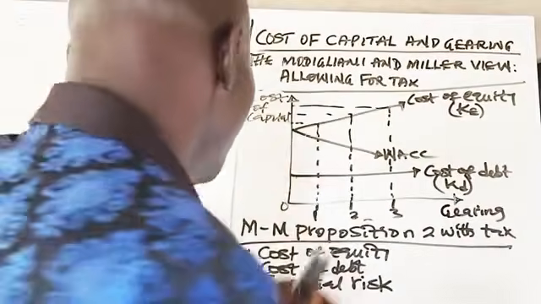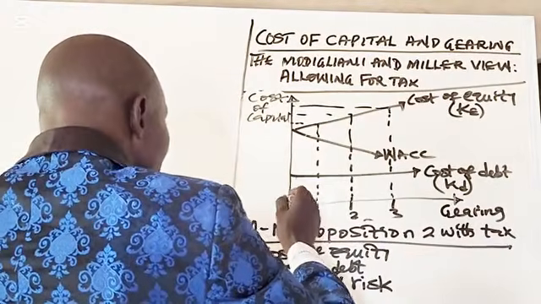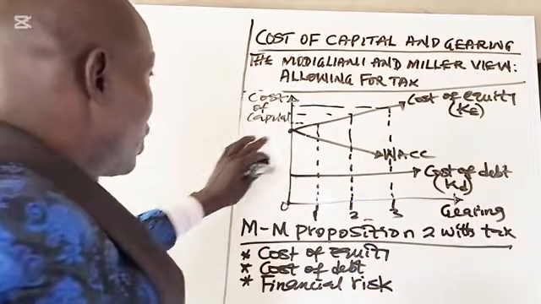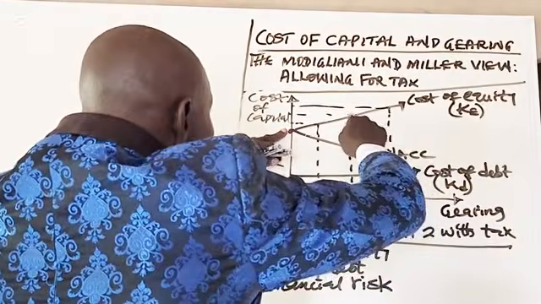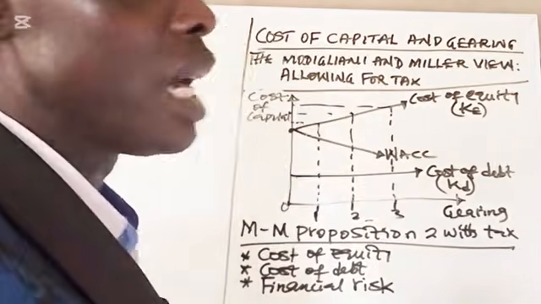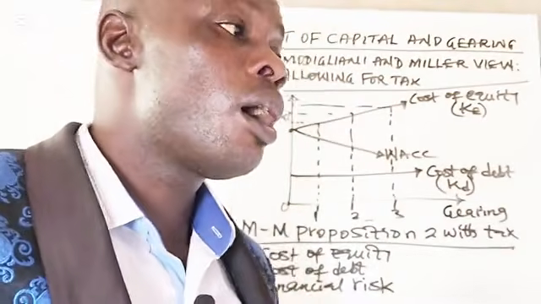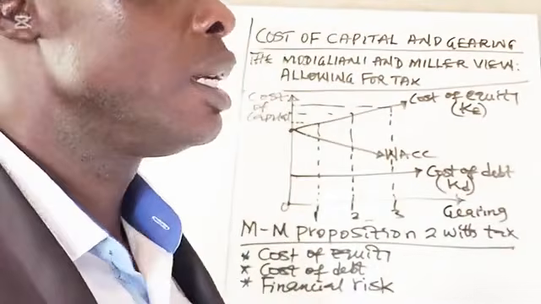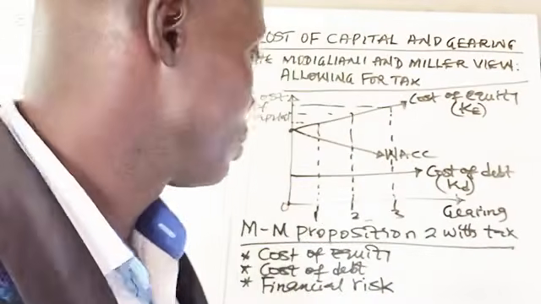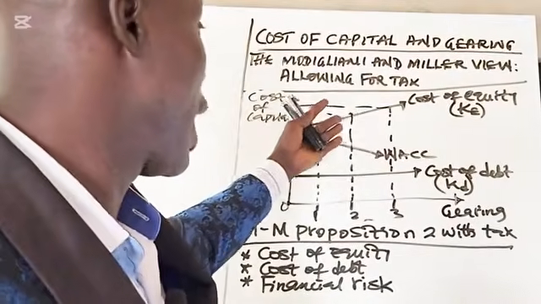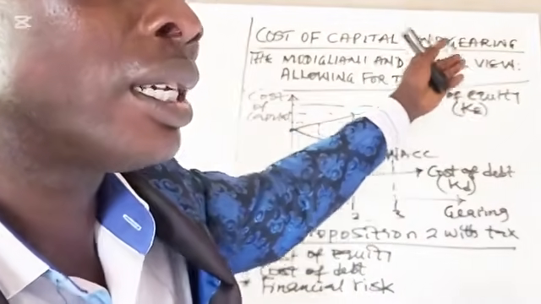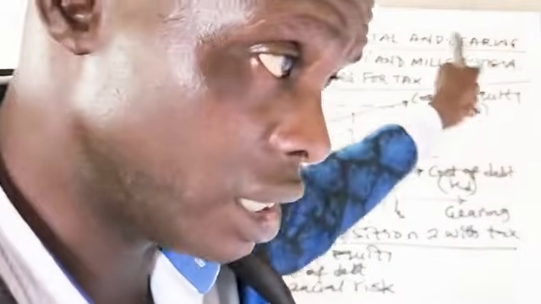So if you know this place, the gearing is 0. The cost of equity here is lower. But when it is geared now, what happens to cost of equity? It increases. That is why we said the cost of equity of a geared company is higher than the cost of equity in an ungeared company. You can also say cost of equity increases as gearing increases.